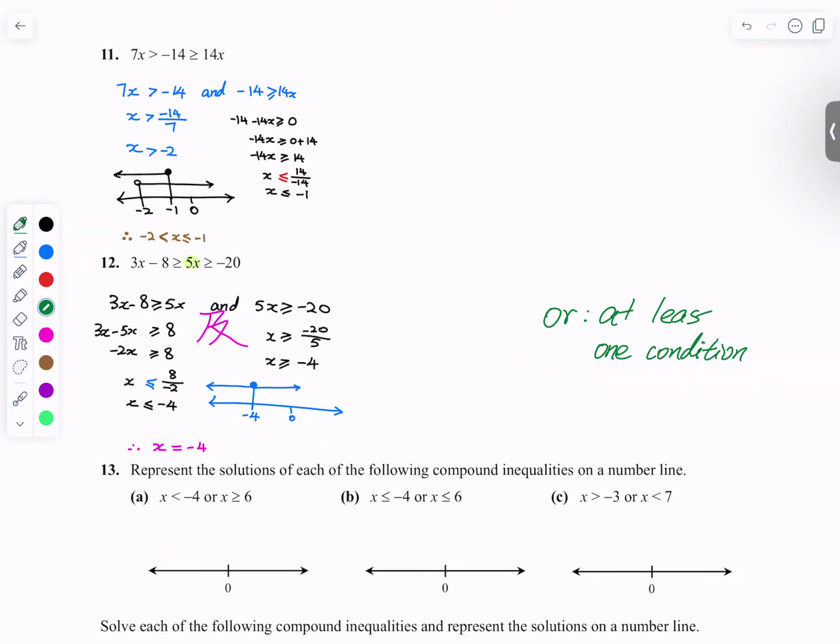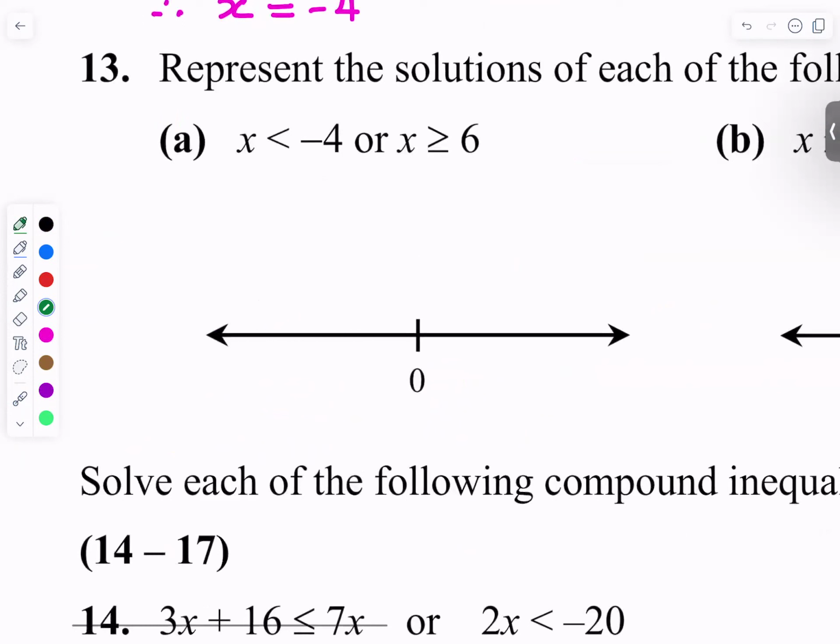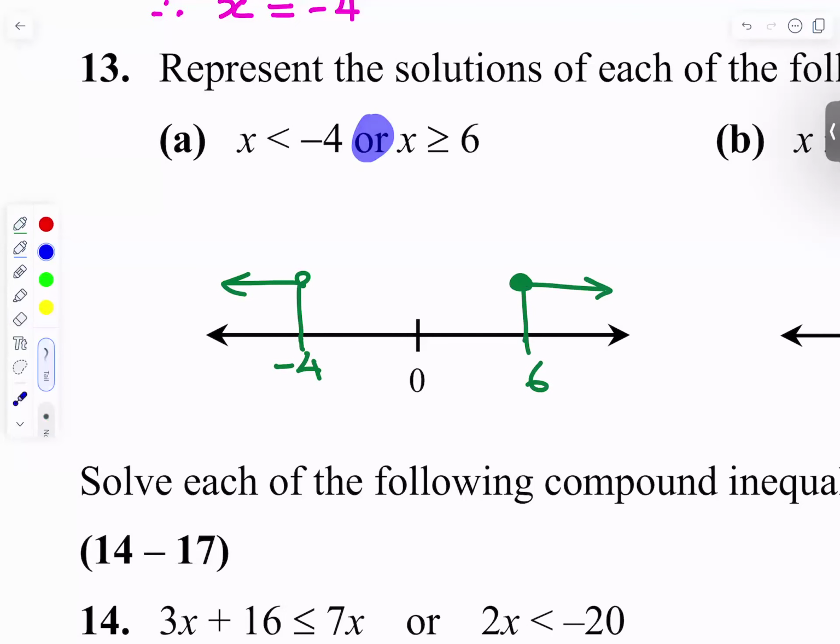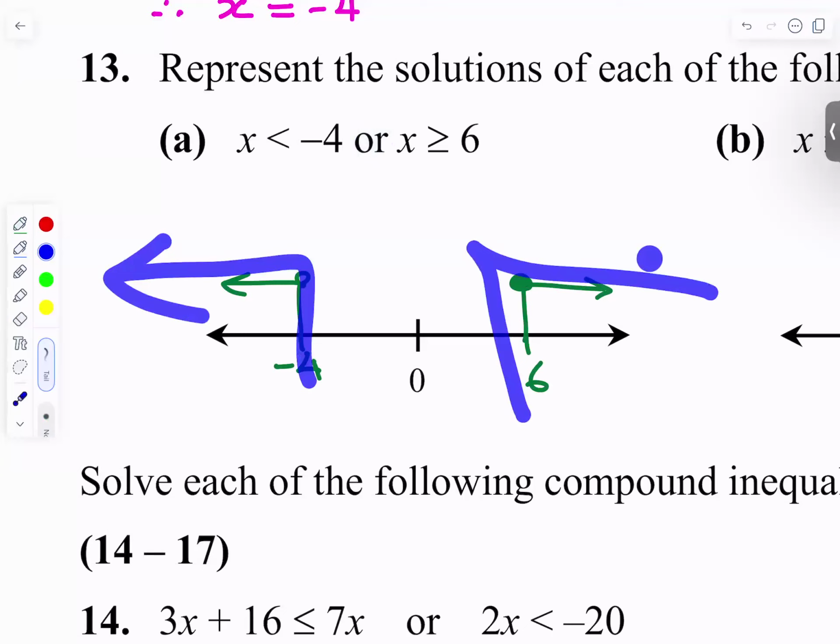So what does that mean? Do the drawing first, -4 and 6. If this was the and question, if the word here is and, are they meeting ever?